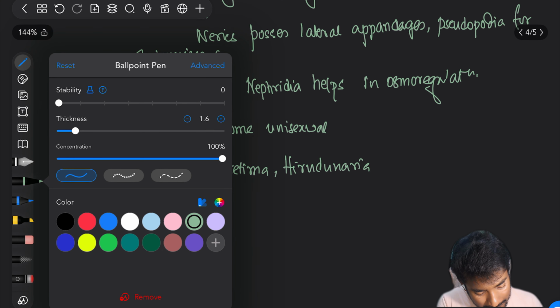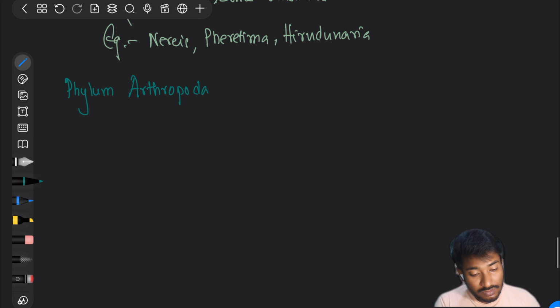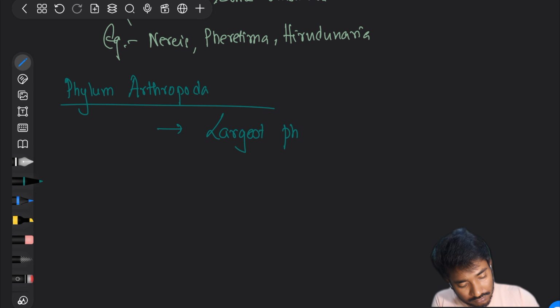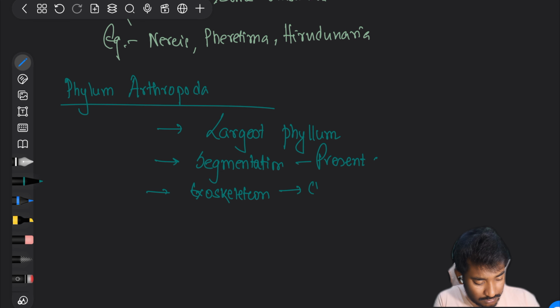Now the next topic is phylum Arthropoda. Okay. It is the largest phylum. Segmentation present. Skeleton is exoskeleton of chitin. Body division: head, thorax and abdomen.